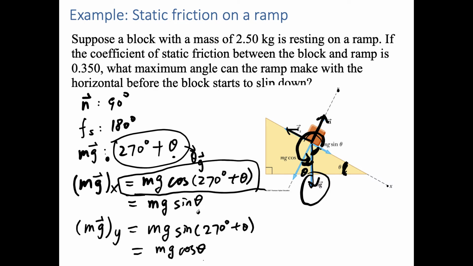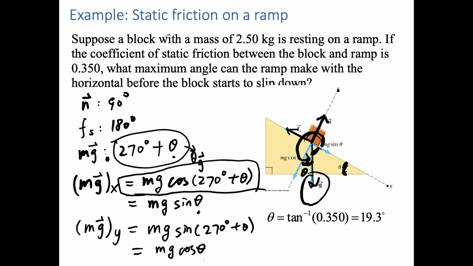Remind ourselves, this theta is not the angle of mg, but the angle of the incline, and this angle can be any number, right? Okay, now we figured out the x component and the y component. Things become a little bit easier now.